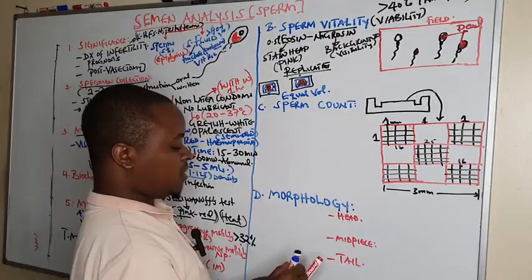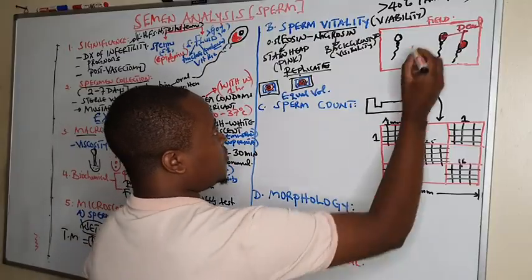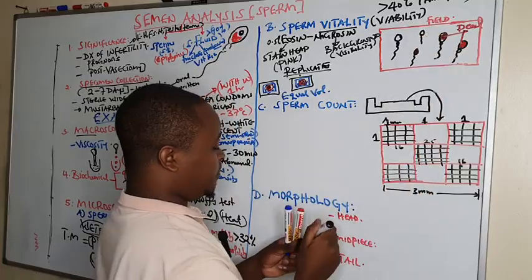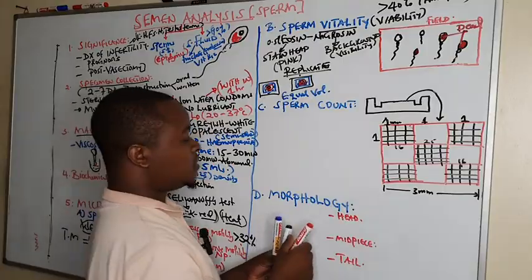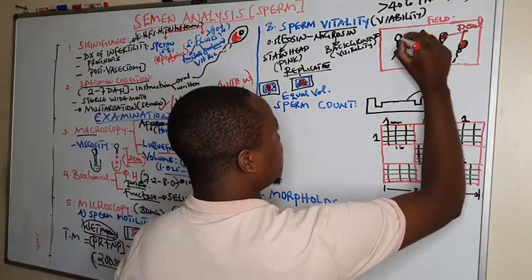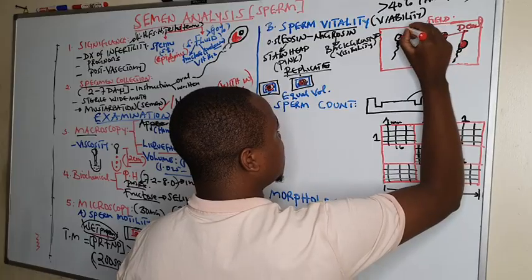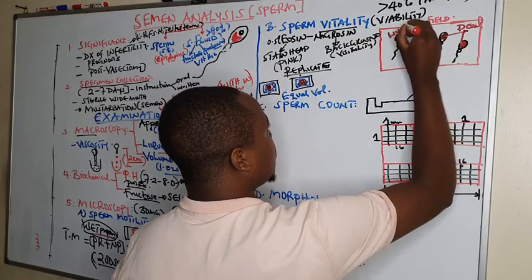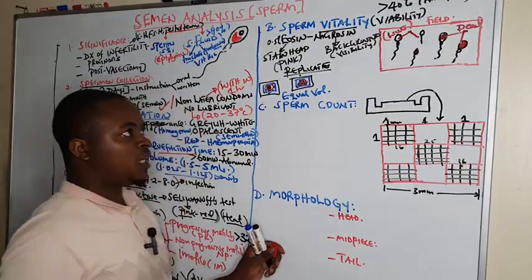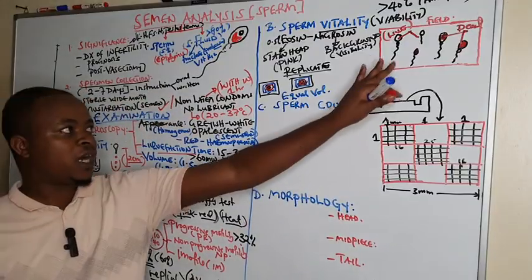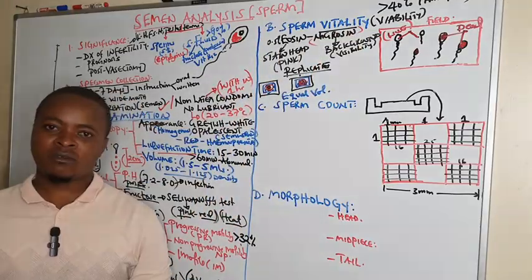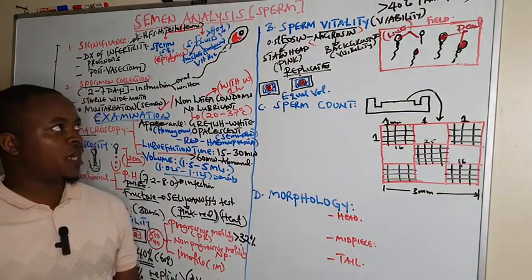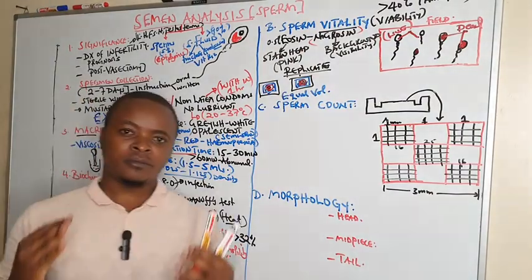Then the live ones, if I have another spermatozoa here, the ones which remain colorless after staining, these ones are live. So these two are live sperms. Why? They have not taken up the eosin stain, but the background is stained by nigrosin. That is what we do, so that is how we can determine sperm vitality.